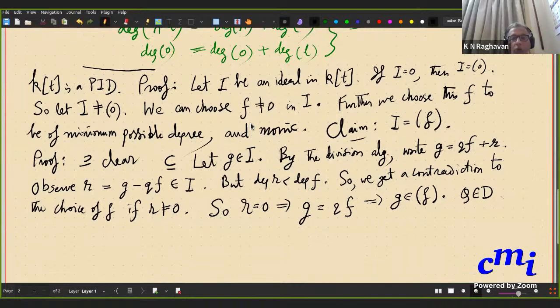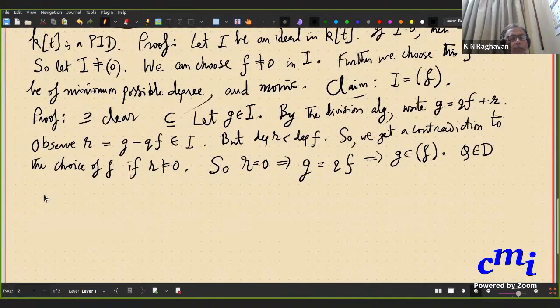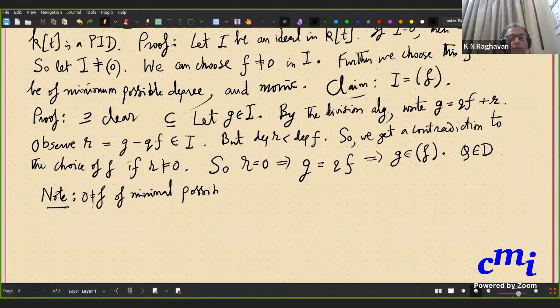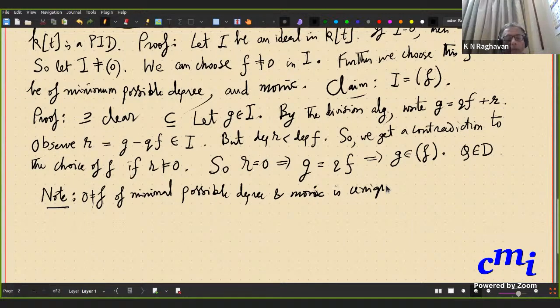So another thing that this shows is that the non-zero F of minimum possible degree and monic in I is unique.